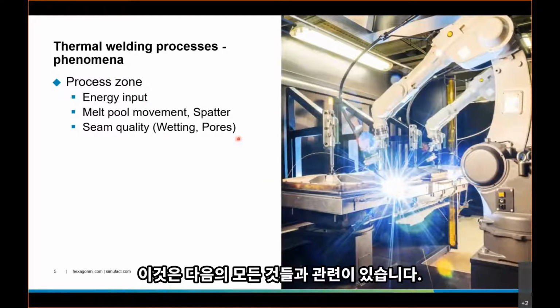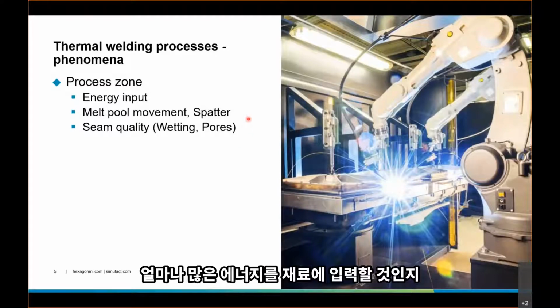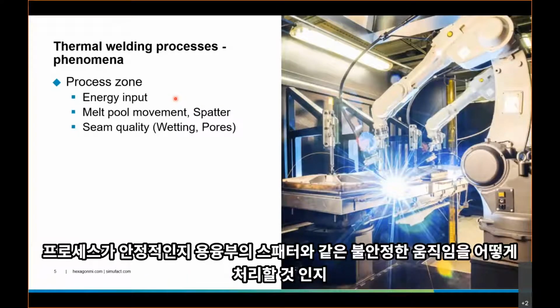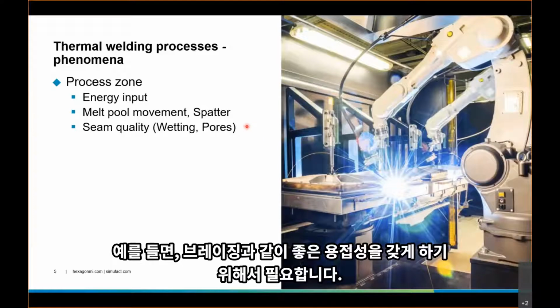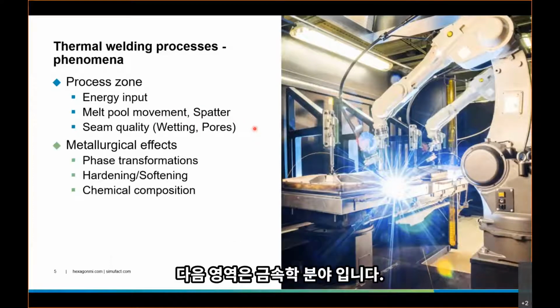It has everything to do with how the energy of the energy source is put into the material, how the process is made stable, how you handle melt pool movements, instabilities like spatters, and in general, how you achieve a good seam quality, for instance, avoid pores, and when we're talking about brazing, for instance, to get good wetting and so on.